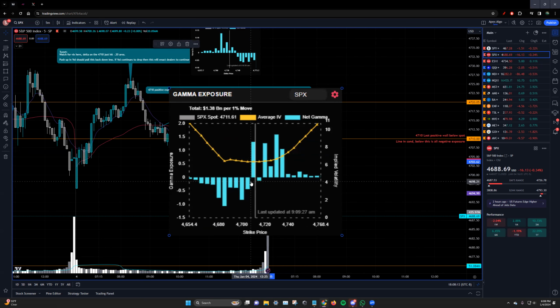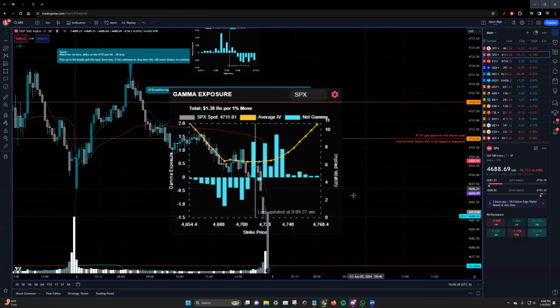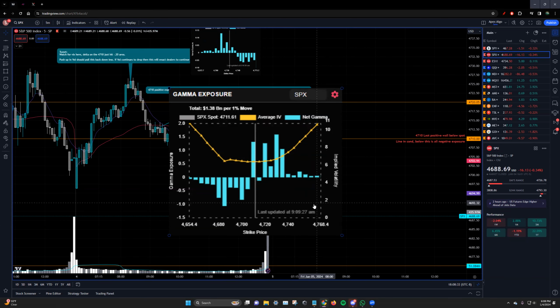Below is all negative exposure. All of this negative exposure inherently, as I said, will act like fluid movement, right? It'll accelerate through those areas which we can push down to. And as you can tell, you have 4,700 here that's negative, as well as 4685. And we got really close to it. We didn't hit 4685, we hit 4688.